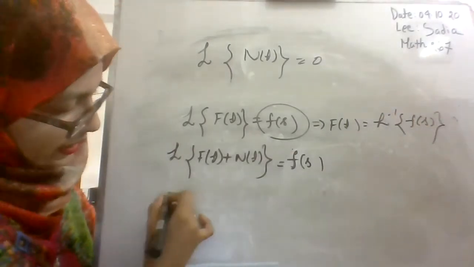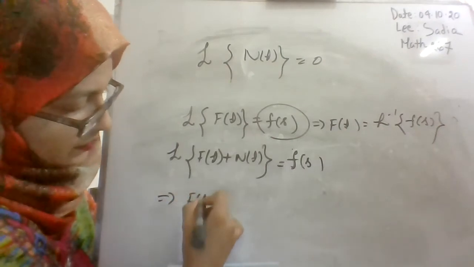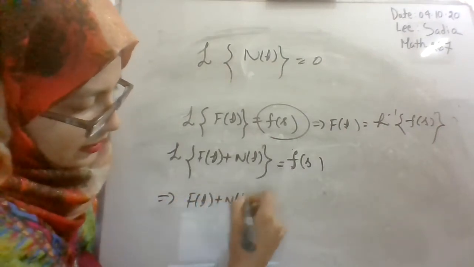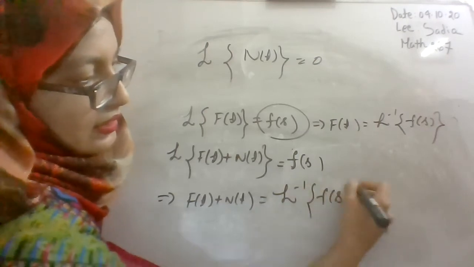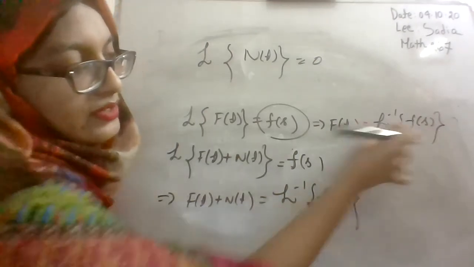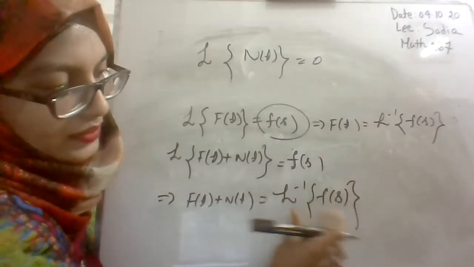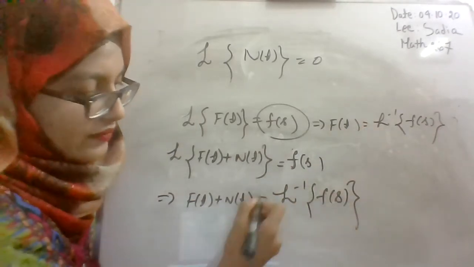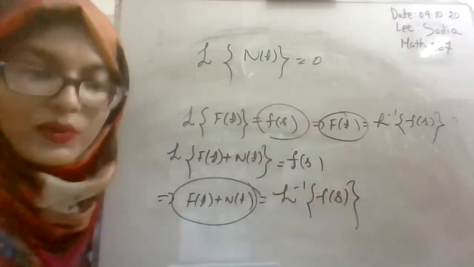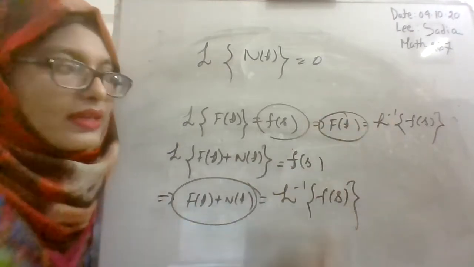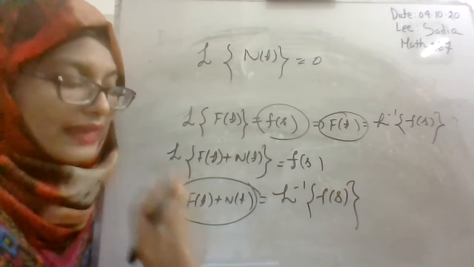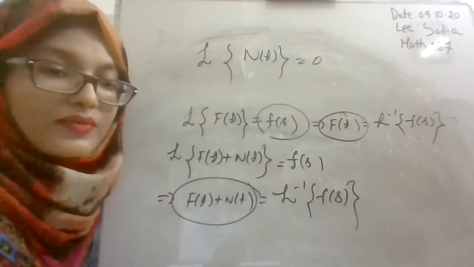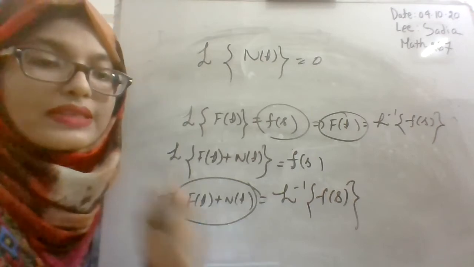And from here we get f of t plus n of t is equal to the inverse Laplace transformation of F of s. Here the inverse Laplace transformation is f of t, and the inverse Laplace transformation is f of t plus n of t. Are these two left sides equal? Are they unique? No, ma'am. Okay, that's why the inverse Laplace transformation with the existence of the null function is not unique.